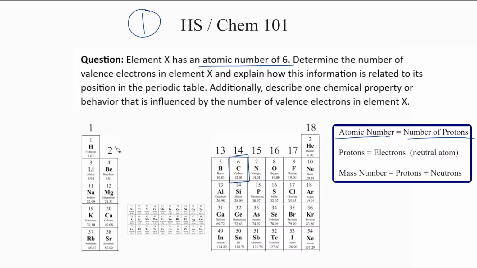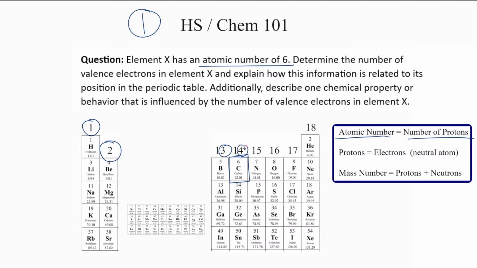The number of valence electrons is really easy to remember. These are the group numbers. Remember, groups go up and down. In group 1, we have 1 valence electron. Group 2, we have 2. Skip the transition metals. They're a little bit complicated, so we don't really worry about them in general chemistry. Group 13 used to be called group 3A. It has 3 valence electrons.